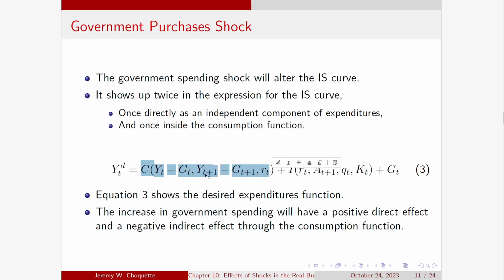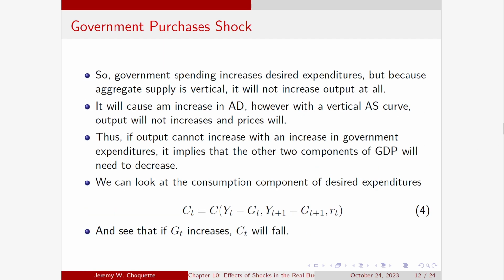In the consumption function, we've got government spending showing up, boom, right there, Y minus G. Basically, this Y minus G is disposable income. It's income that you're getting minus what the government wants to spend, assuming that government spending is equal to taxes. So the increase in government spending has a positive direct effect and a negative indirect effect through the consumption function.